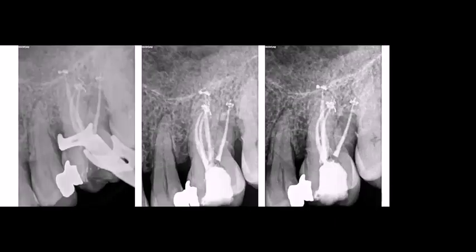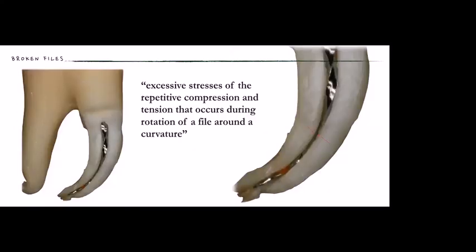Here, we can see the case after using the glide path and after using the CC5 system. If you analyze the preparation of all the cases, you will see that it's a very, very conservative preparation, so we are not going to weaken the root.